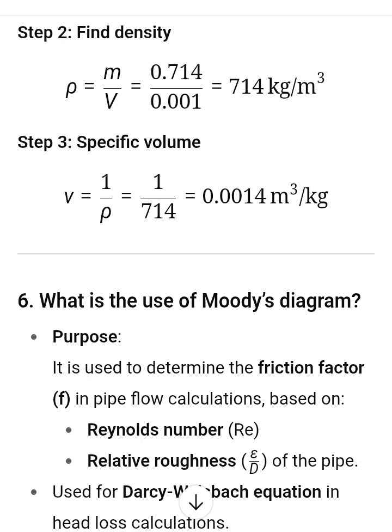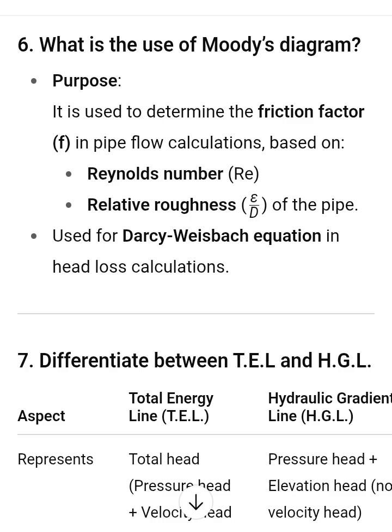Sixth question: what is the use of Moody's diagram? It is used to determine the friction factor, small f, in pipe flow calculations based on the Reynolds number.